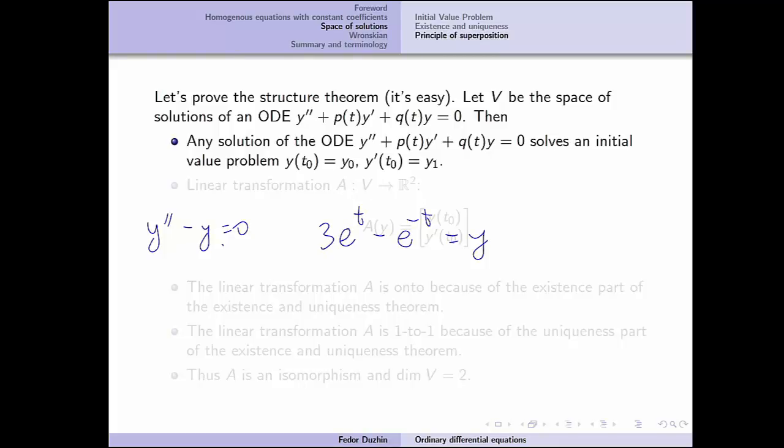So this is our y, some specific solution, and suppose that the initial value of t is, say, I don't know, 27, right?